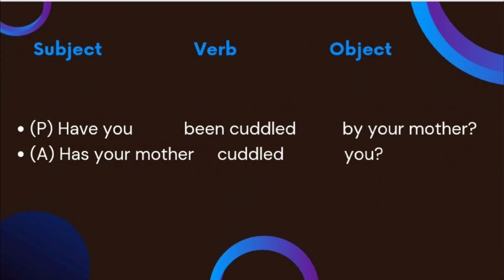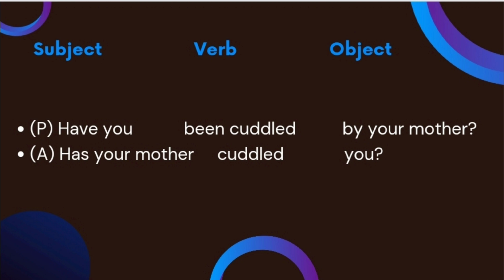Now passive to active in case of interrogative sentences. For example, have you been cuddled by your mother? Now, we have to find out the words used in the place of subject and object. In the place of subject, we have you, and in the place of object, we have your mother. In active voice, your mother will come in the beginning.